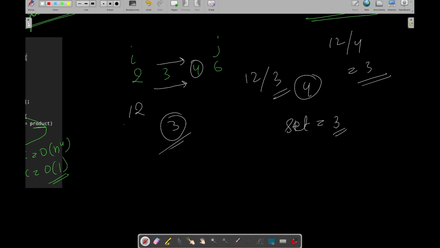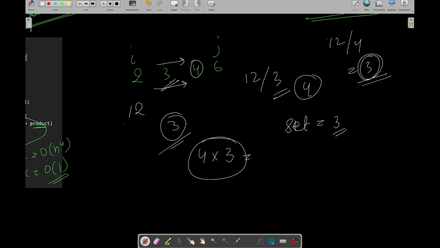Now again we will do a lookup in our set. Does 3 exist in our set? Oh yeah, 3 exists in our set. So right now we are at 4, right? And 3 exists in our set. So it means their product is 12, because why? We are dividing 12 by 4, that is 3, and we have already visited 3 in the past.